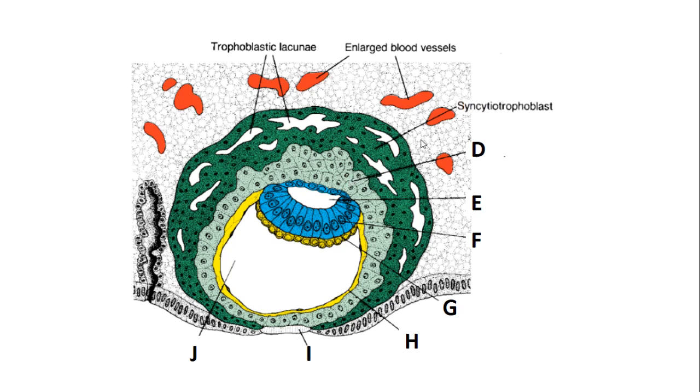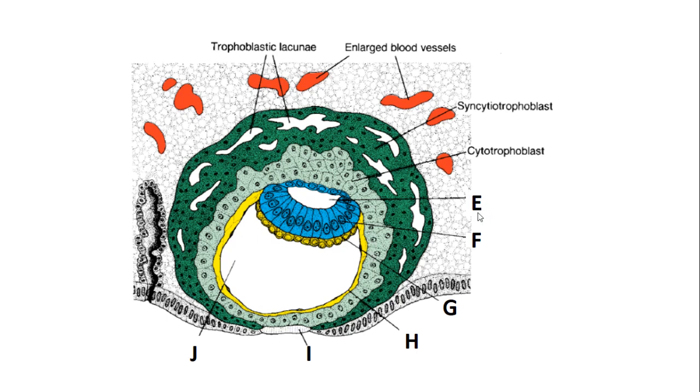So C is just the syncytioblast, which is the outermost layer of the embryo. Then D is just the cytotrophoblast. The syncytioblast and the cytotrophoblast make up the trophoblast, which is the outer layer of the embryo or the blastocyst.